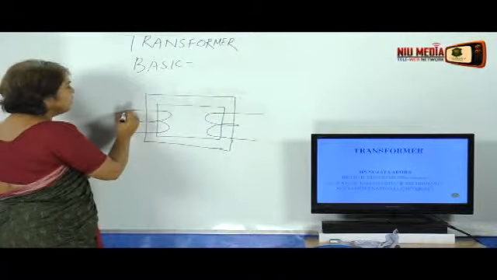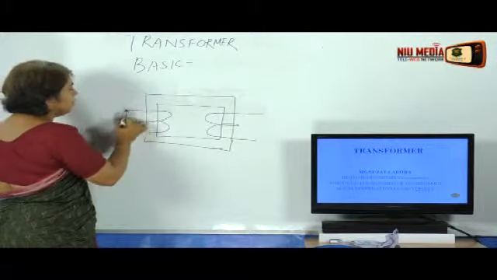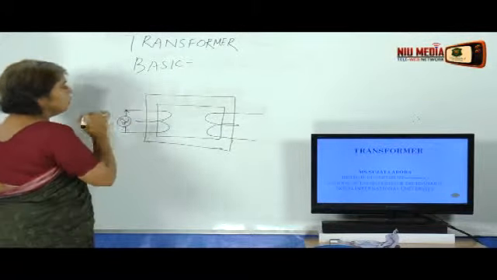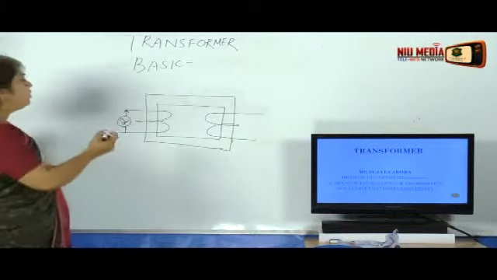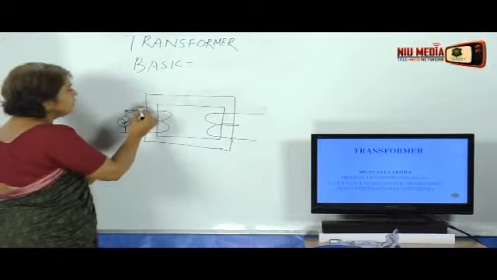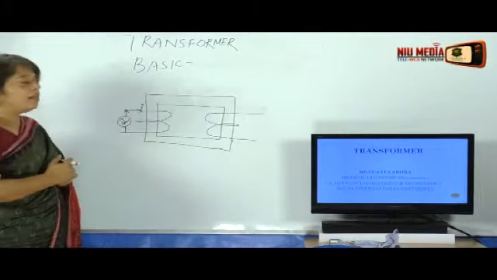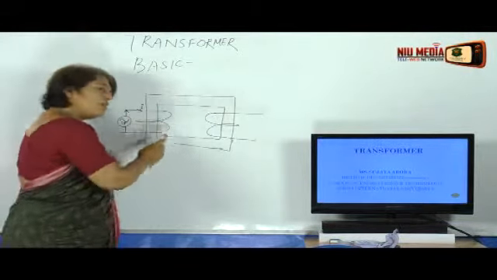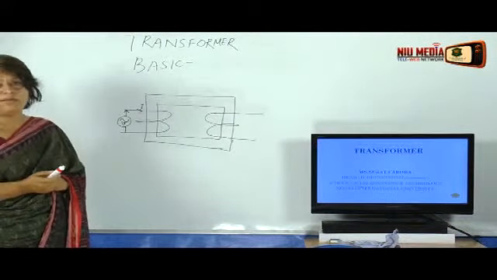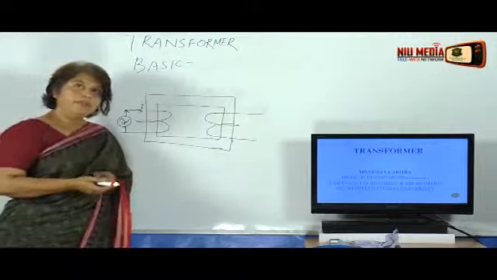On one side of the coil, when we apply alternating voltage, the current flows in this winding. When this current flows in the winding, it produces alternating EMF. Why alternating EMF?